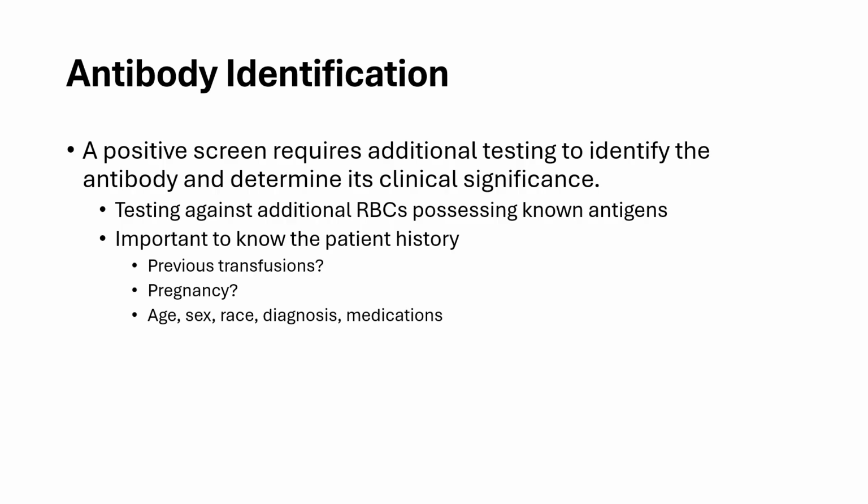Pregnant women may develop antibodies against fetal red blood cell antigens that were inherited from their father. We also want to know their age, sex, and race. These factors can influence the likelihood of certain antibodies or antigen prevalence. We want to know their diagnosis because certain diseases or conditions might influence antibody production. And medications, because some drugs can cause drug-induced antibodies or actually interfere with testing.